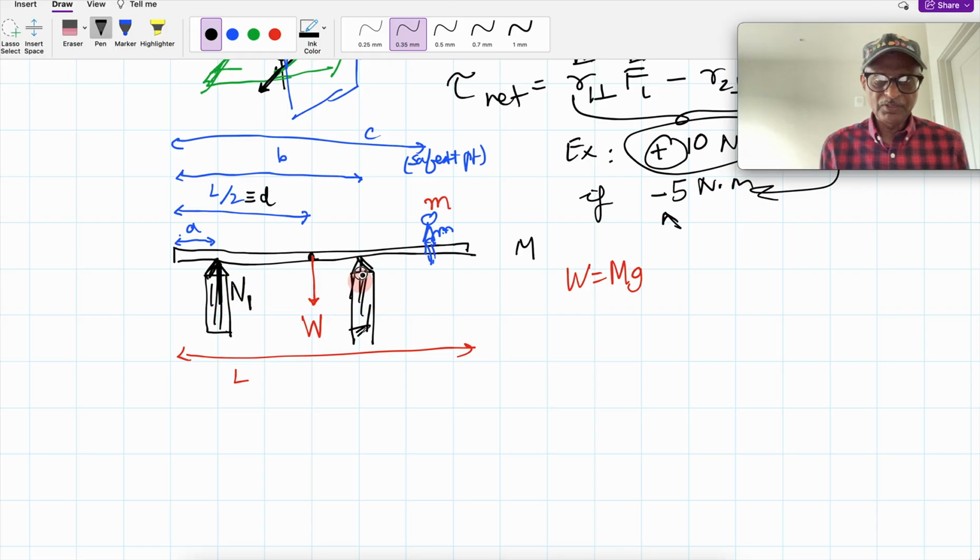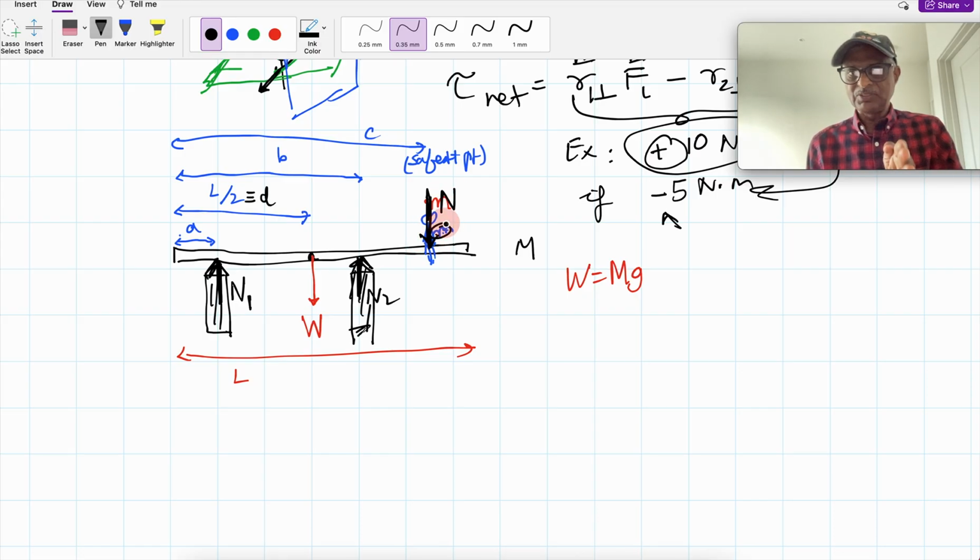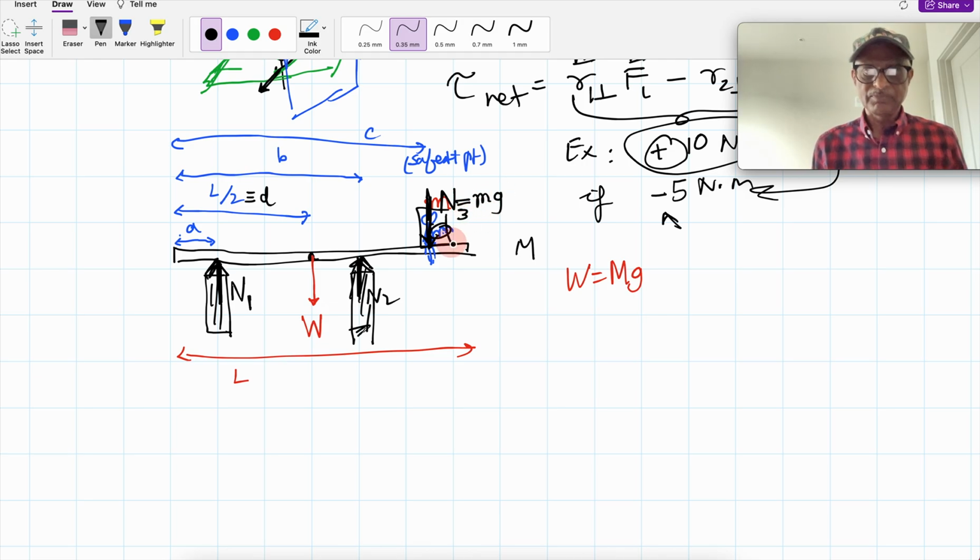And then there will be a normal force here on the plank, and the child's weight will act like a normal force. That will be equal to, the child doesn't have acceleration. So if you look at just the child as a system, this is basically little mg. So let's call this n3.